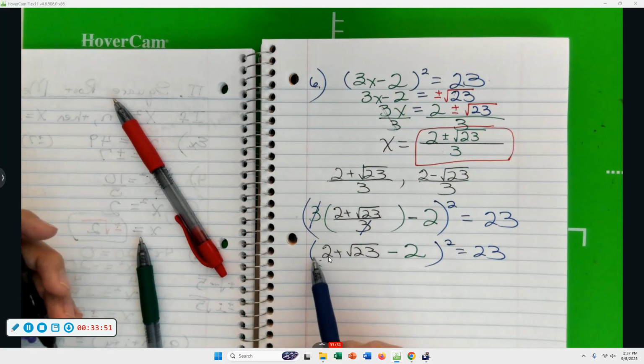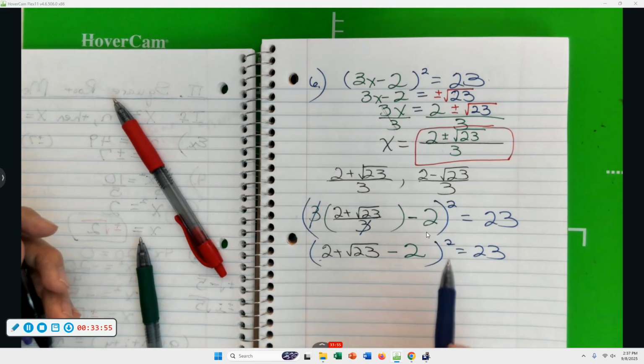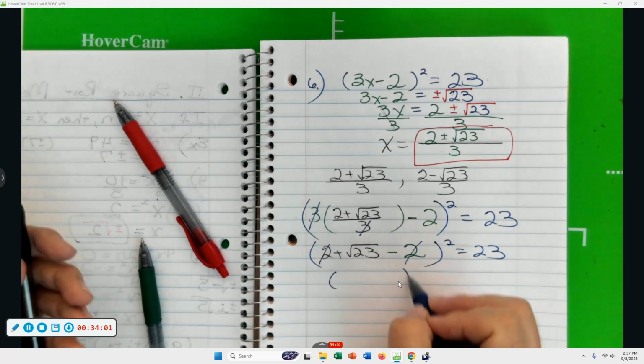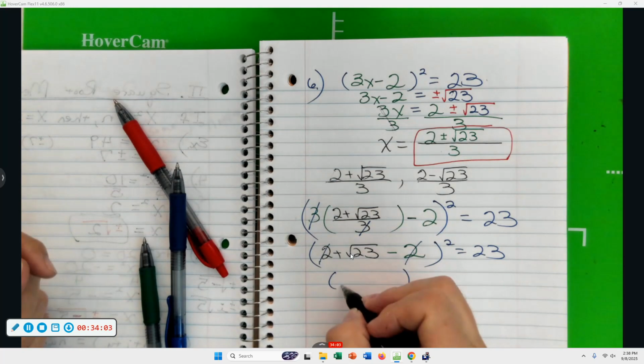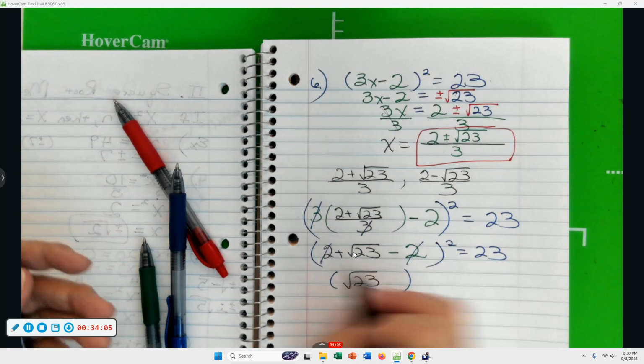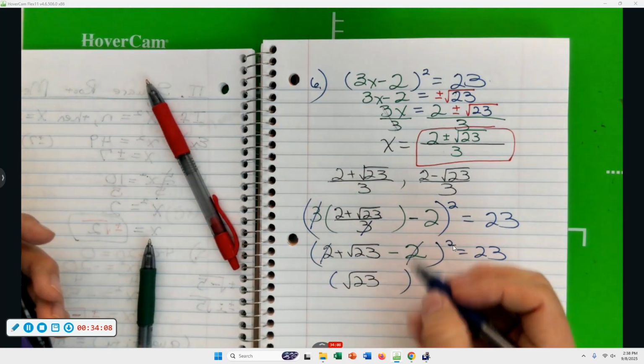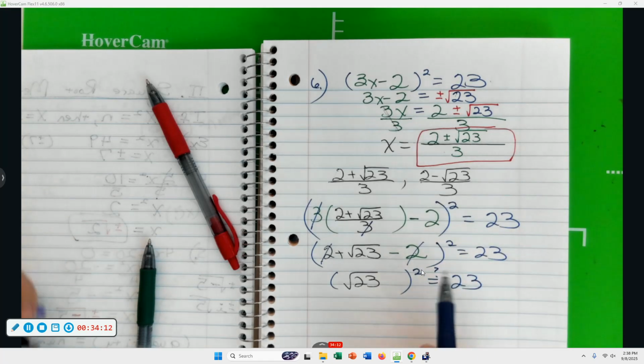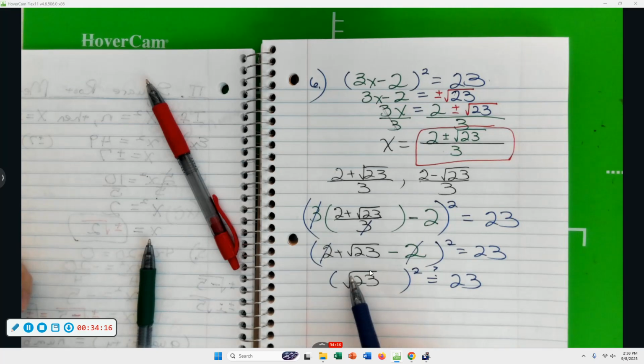What's about to disappear inside those parentheses? 2 minus 2. So all you have is the square root of 23 remaining, and you're squaring it. Does that equal 23? What did we say on day one about what happens when you square a square root?